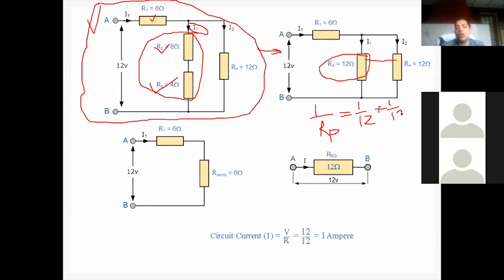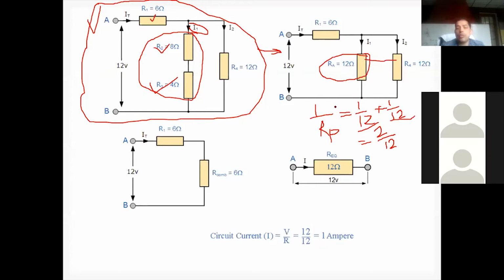So what do you get if you add them together? 2 over 12, because your denominator is the same for both terms. 1 over 12, here 12. Then you can simply add the top, which is 1 plus 1, 2. Then 1 over RP is 2 over 12.